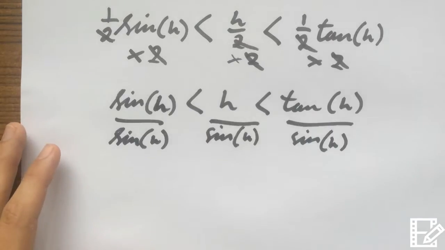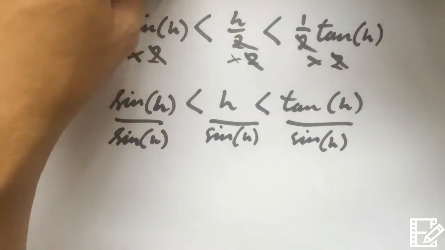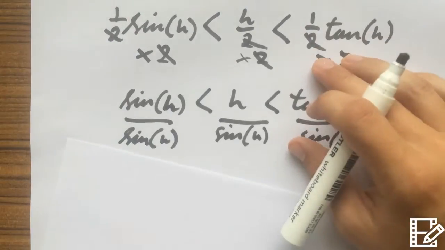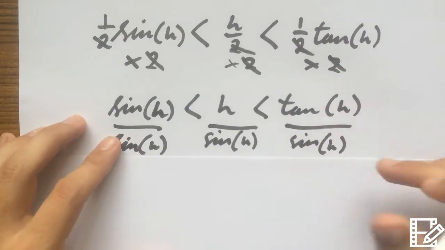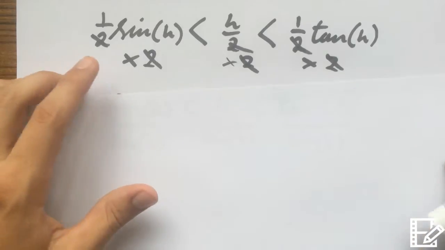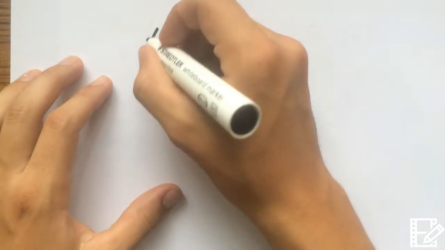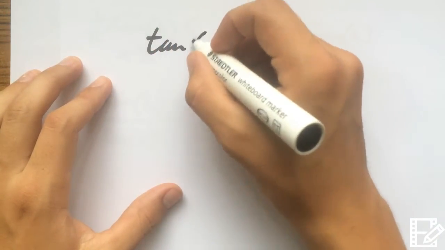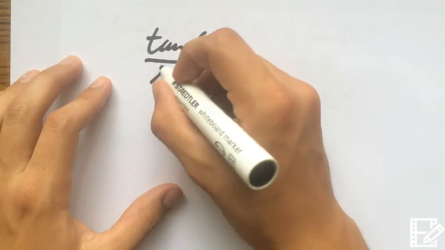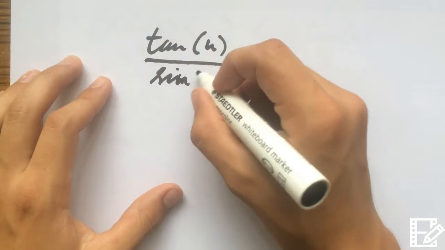Okay, I'm going to grab another sheet of paper and show you this bit over here, the tan over sine h. We have tan h divided by sine h.